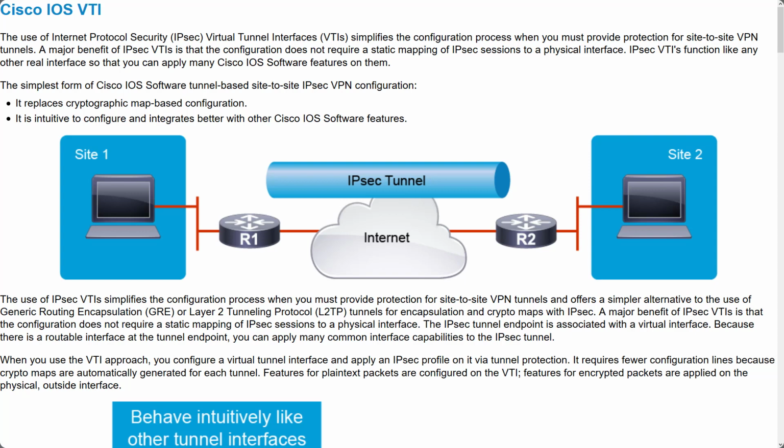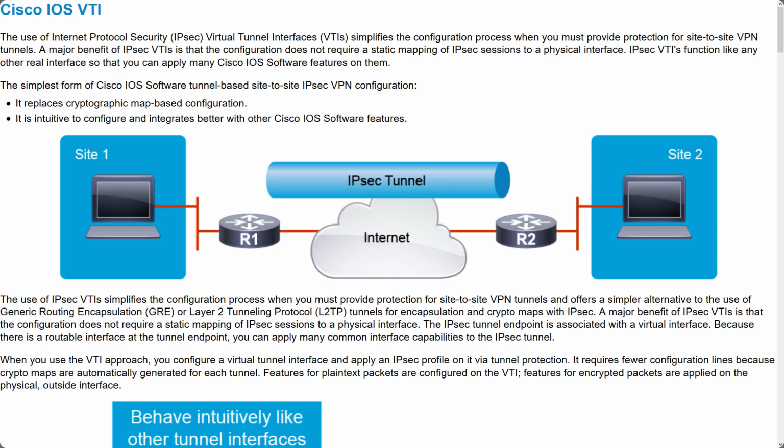Using that IP routing to forward the traffic to the tunnel interface really simplifies the IPsec VPN configuration compared to some of our more complex processes of using things like access control lists with a crypto map in our standard IPsec configuration, if you will.